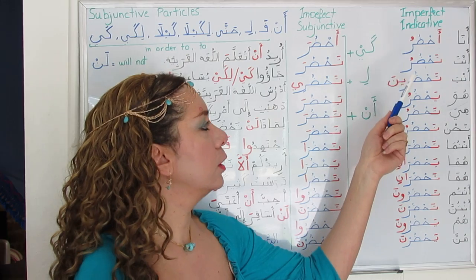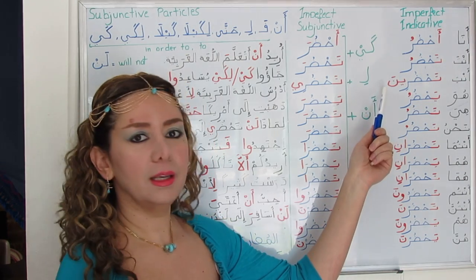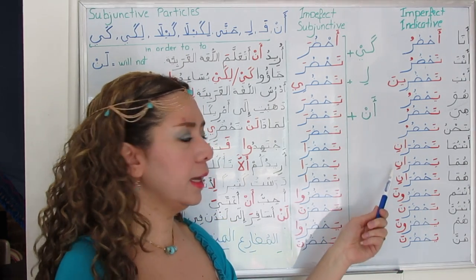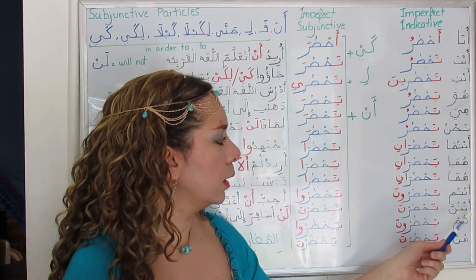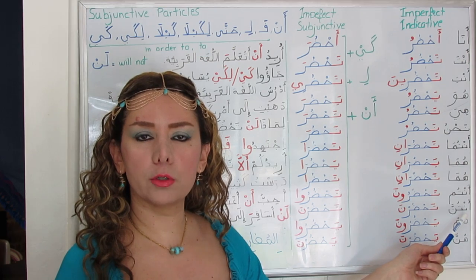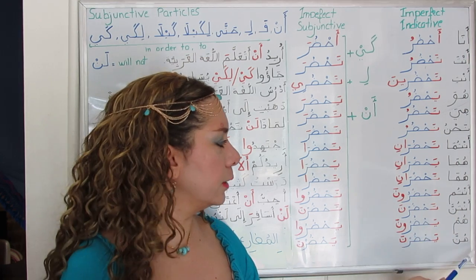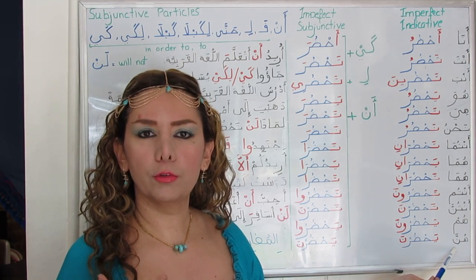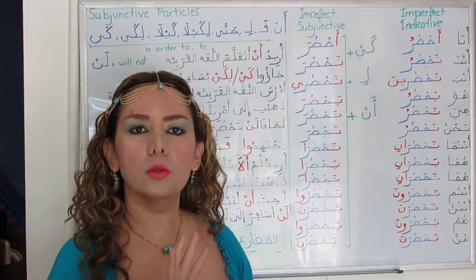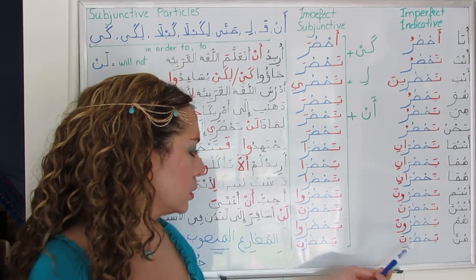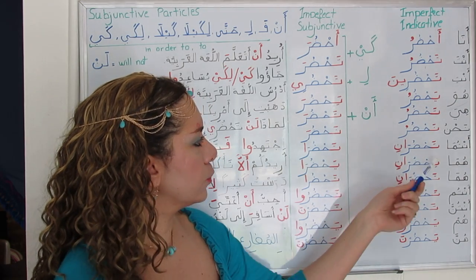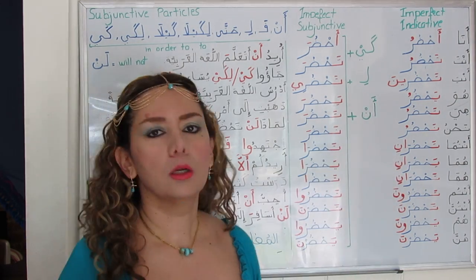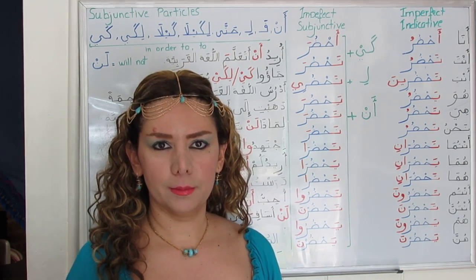And for the suffixes ين, ان for dual, and ون, but not for أنتن, second person plural feminine, and هن, third person plural feminine, you will not see any alterations. It will stay the same. But for the other suffixes, the nun will be deleted.